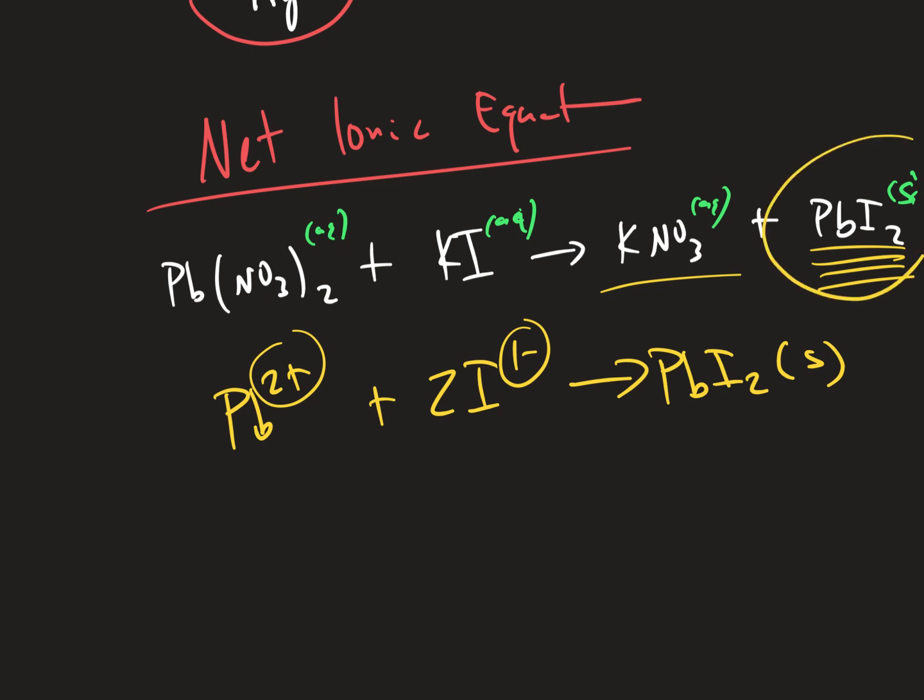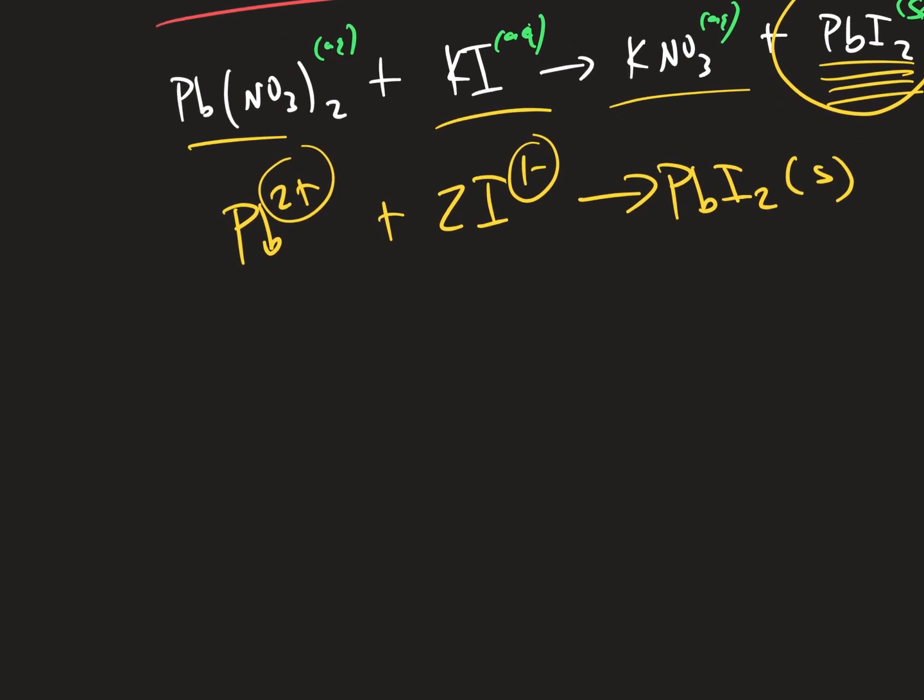If it has a solid from two aqueous solutions, it's a precipitation reaction. Good? How do you tell if it's an acid-base reaction? If it has an acid and a base. How do you tell if it's an acid? H plus is the cation, right? How do you tell if it's a base? That's the anion, OH, right? For this class, that's all you need to know.